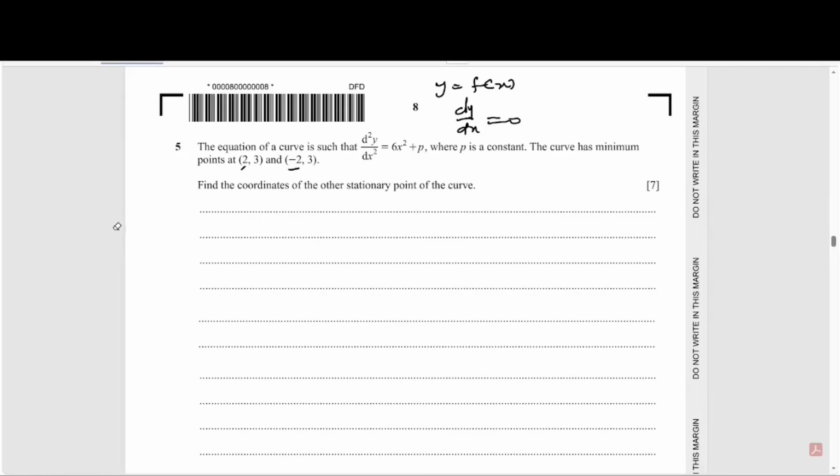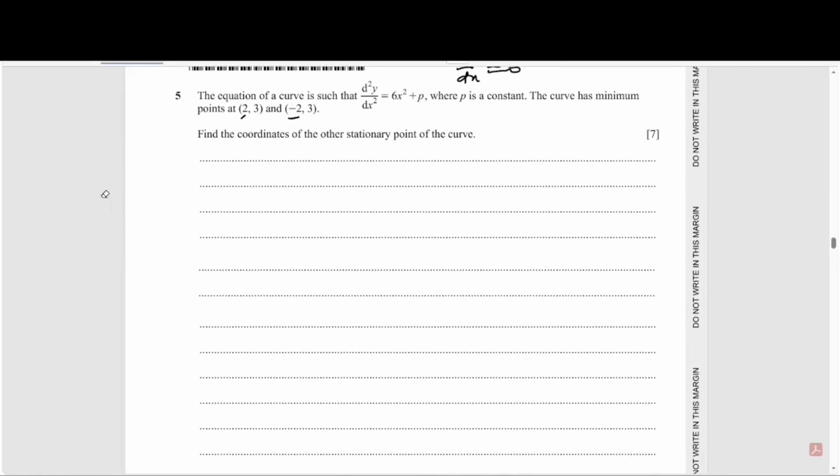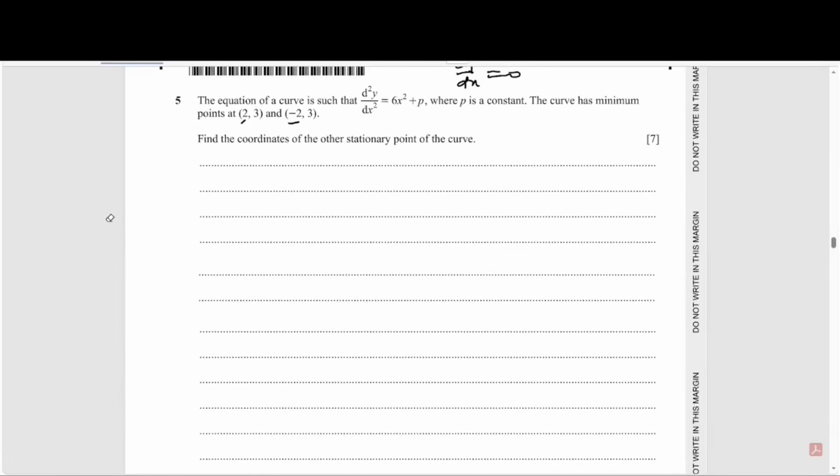And since we have the second derivative, we need to integrate to find the first derivative. Let's start. The first derivative can be found by integrating the second derivative with respect to x.